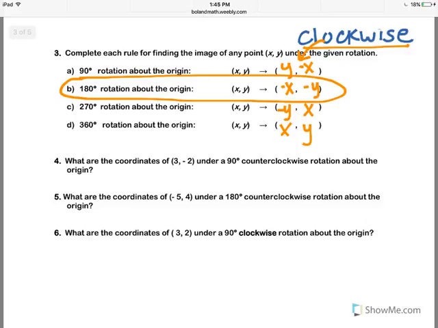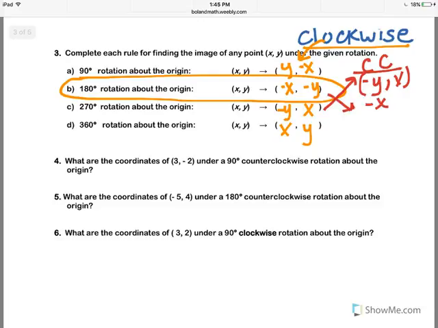So this is clockwise. But if we did counterclockwise, 90 counterclockwise would be the same as 270 clockwise. So the y would be the opposite sign, and then you'd have x.